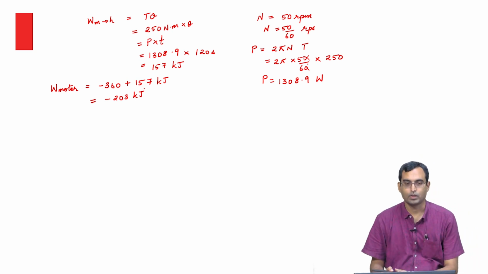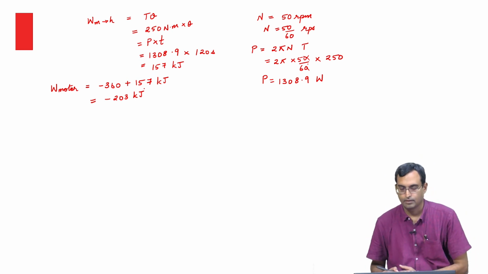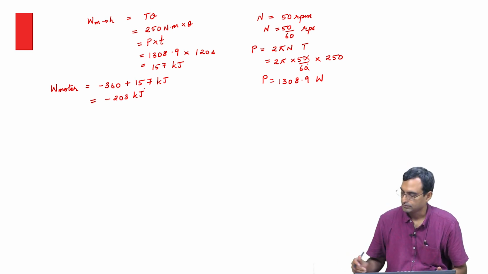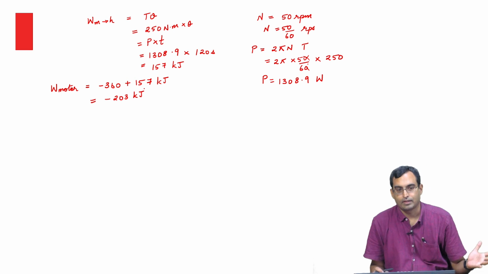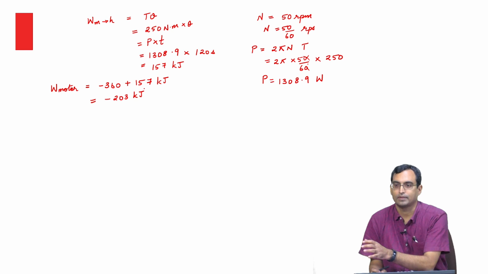Net interaction for the motor is negative. So, what we see is that the battery is doing a lot of work on the motor, and the motor is doing a smaller amount of work on the hoist.